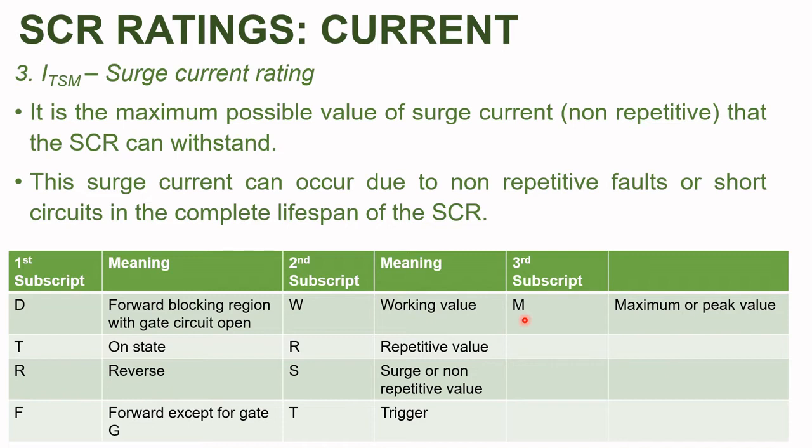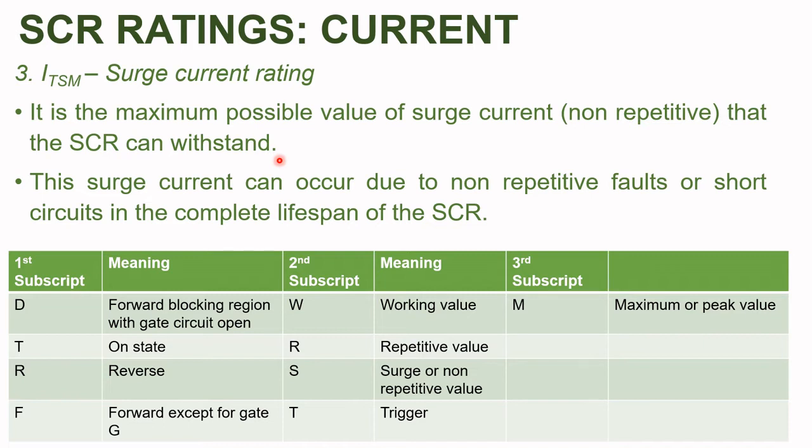It is the maximum possible value of surge current that SCR can withstand. This surge current can occur due to non-repetitive faults or short circuits in the complete lifespan of SCR. This rating is of non-repetitive type.